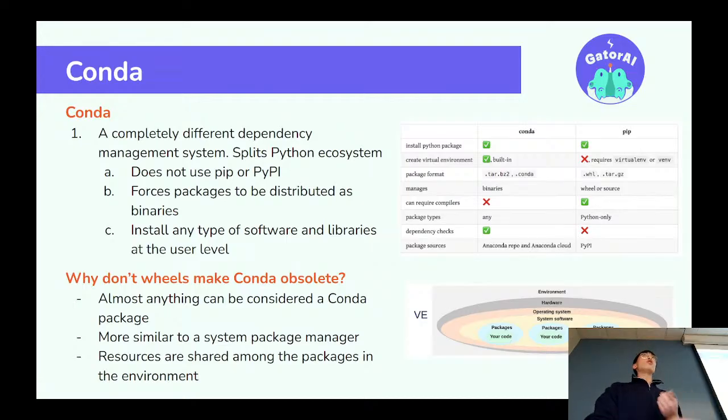So Conda does not use pip or PyPI for hosting its packages, and it forces packages to be distributed as compiled binaries, similar to Wheels. The biggest difference between Conda and every other package dependency management tool before is that Conda can install almost any type of software and library at the user and system software level, right?